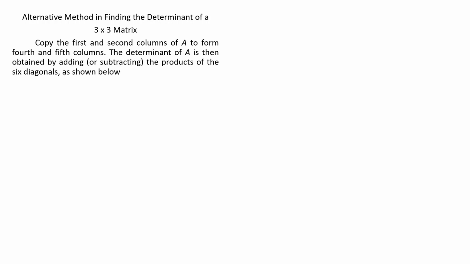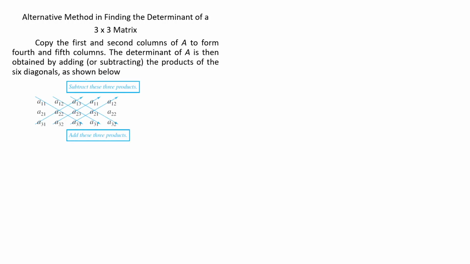Copy the first and second columns of A to form fourth and fifth columns. And then the determinant of A is obtained by adding or subtracting the products of the 6 diagonals as shown below. So again, we simply copy these two columns, column 1 and then column 2 to have the fourth and the fifth columns. And then we multiply the diagonals.